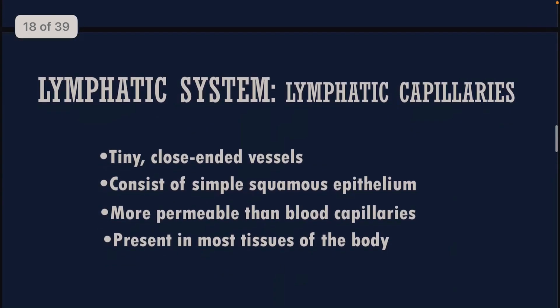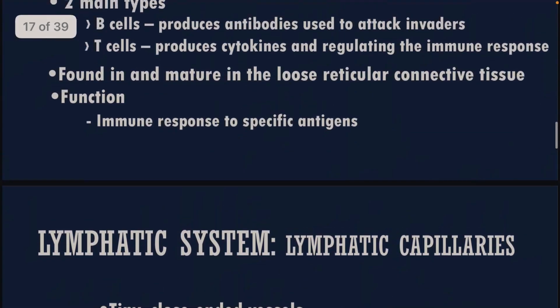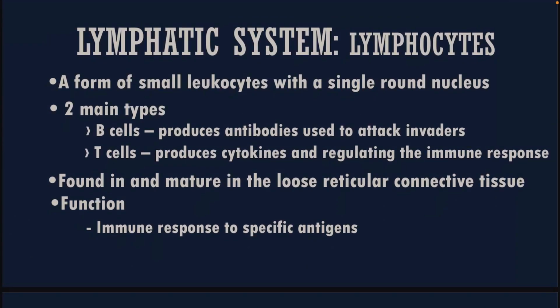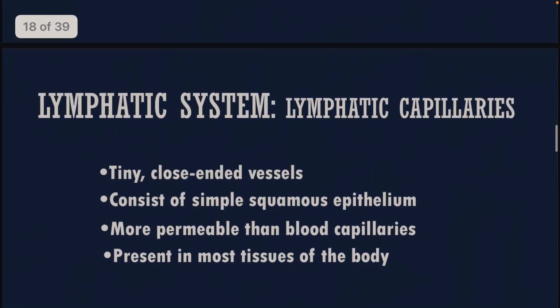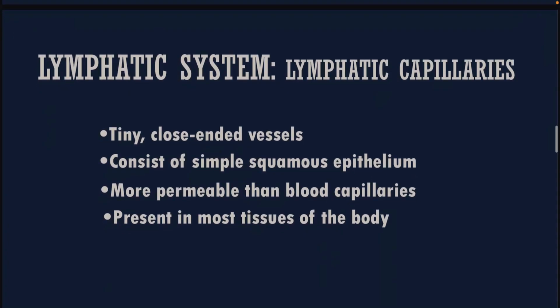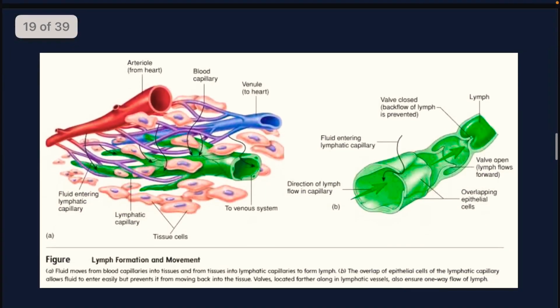Back to the lymphatic system. Lymphatic capillaries are tiny, close-ended vessels consisting of simple squamous epithelium and are more permeable than blood capillaries, present in most tissues of the body.